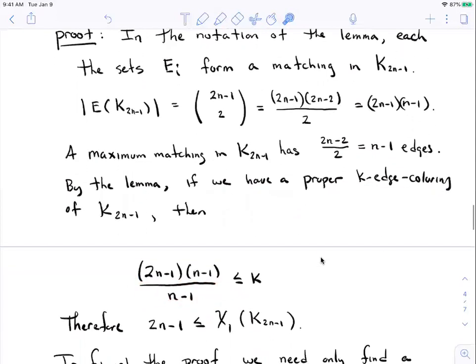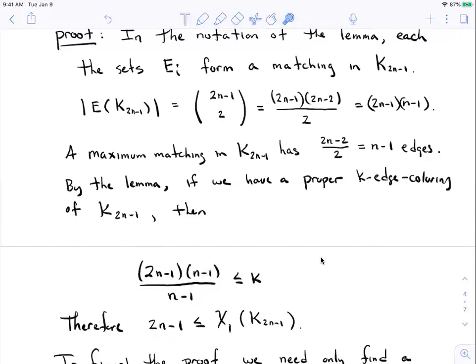So in particular then, if we take k to be the edge chromatic number, it has to be at least 2n-1. I'm certainly taking a little bit of algebraic liberty there and canceling that n-1 from the numerator and denominator. So that gives us a lower bound on the edge chromatic number. To properly edge color K_{2n-1}, you need at least 2n-1 colors. You can't do it with 2n-2.